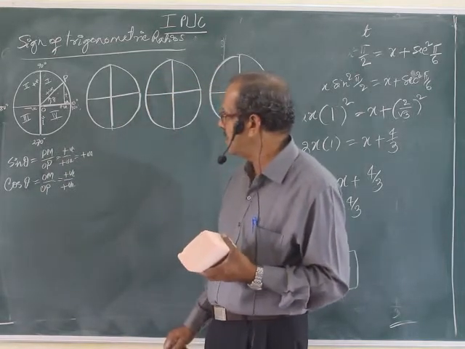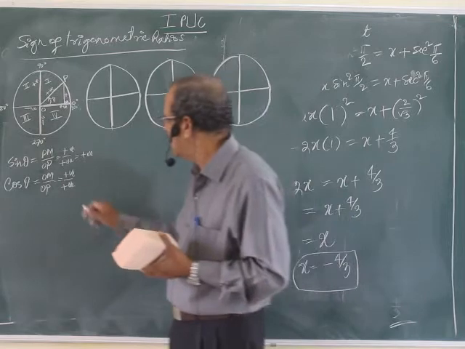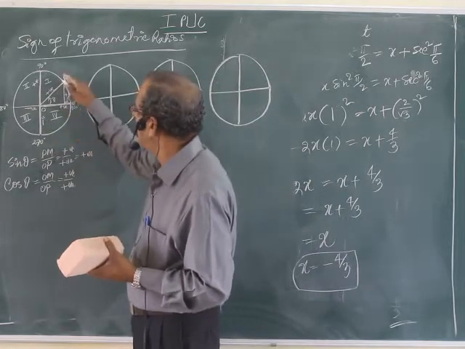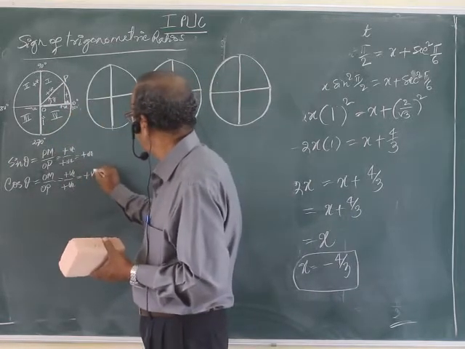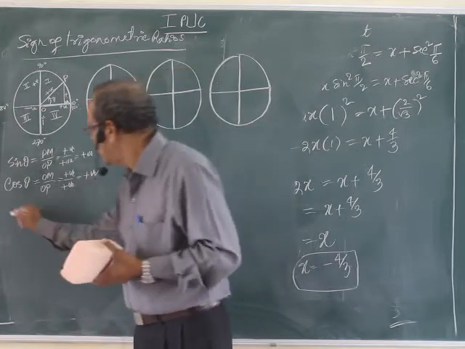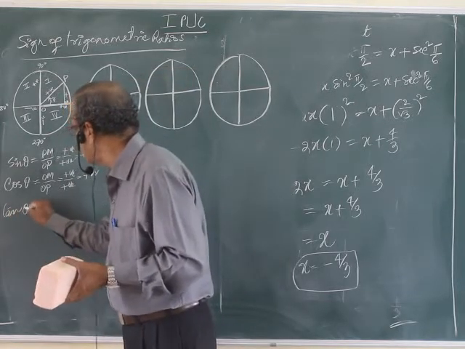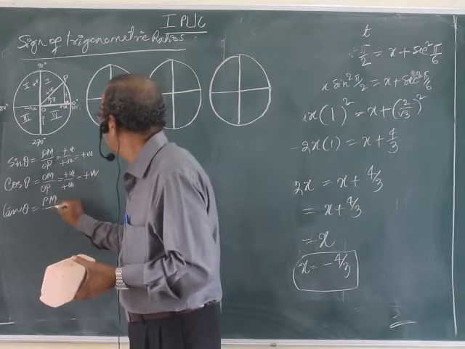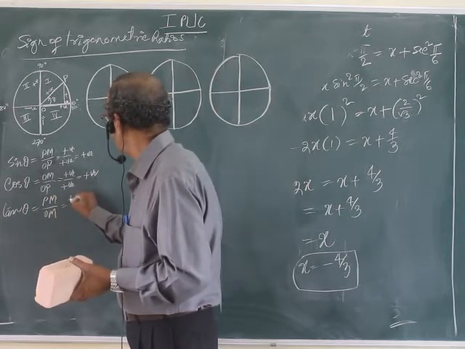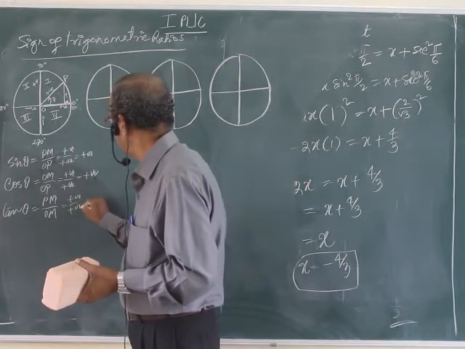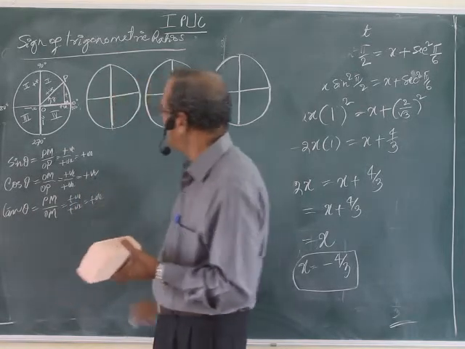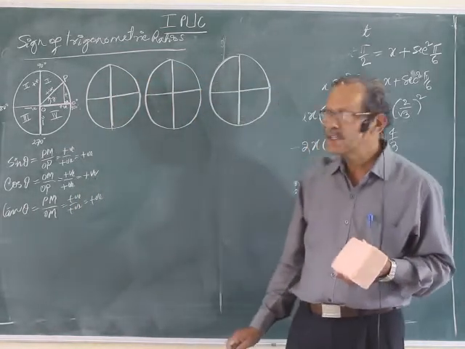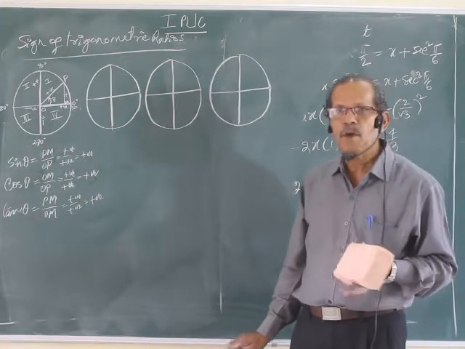Right hand side positive, hypotenuse always positive, positive. Sin and cos both are positive, no doubt. Opposite side by adjacent side, positive by positive. So in the first quadrant, all the trigonometric ratios are positive.